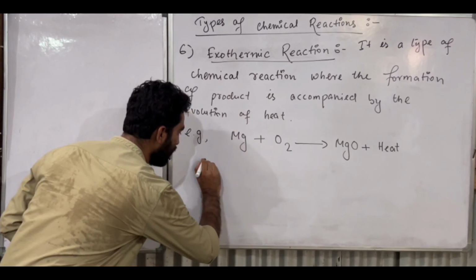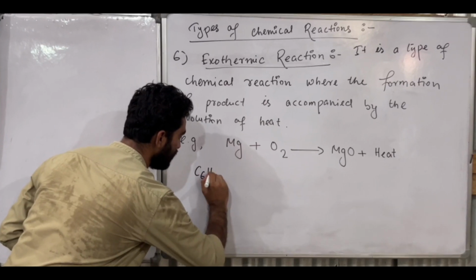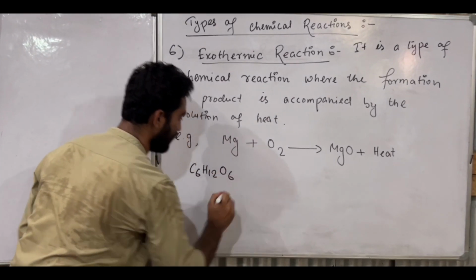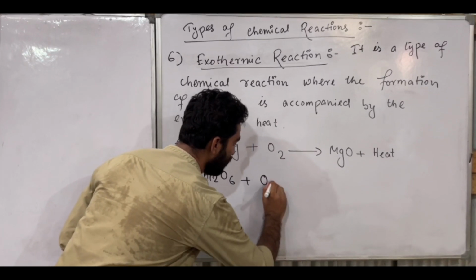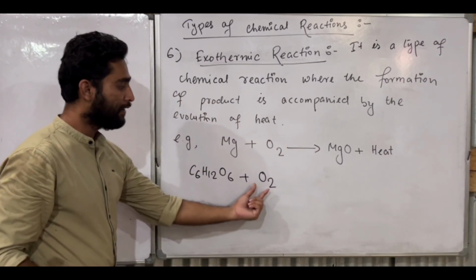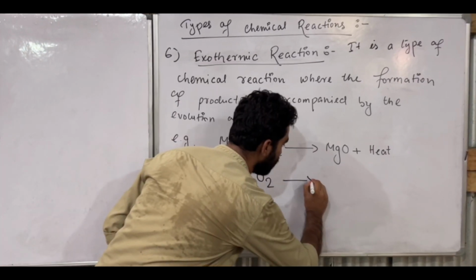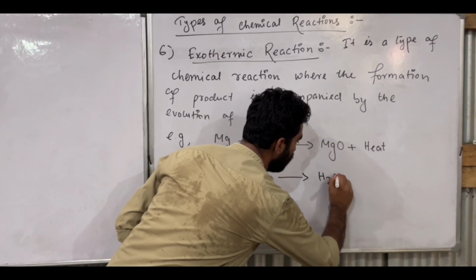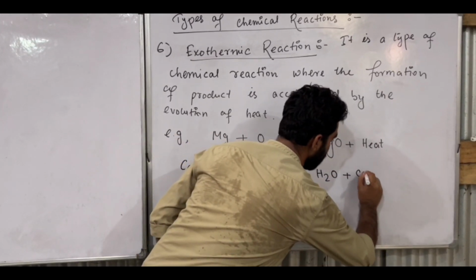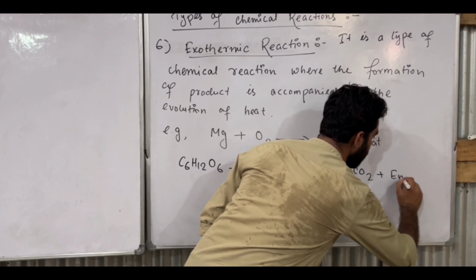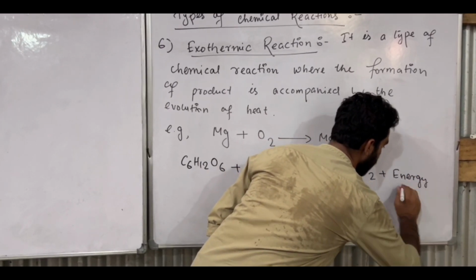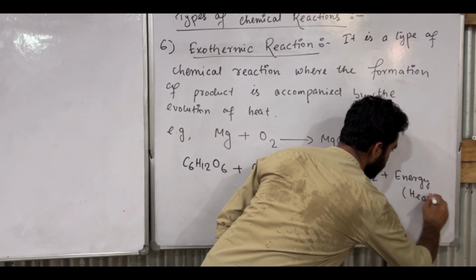So this is the reaction of respiration: C6H12O6, that is the glucose molecule. When the glucose molecule reacts in the presence of oxygen, it breaks down into water, carbon dioxide, and energy will be released in the form of heat.